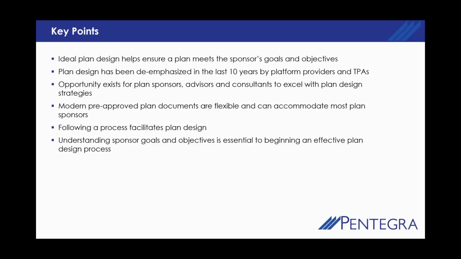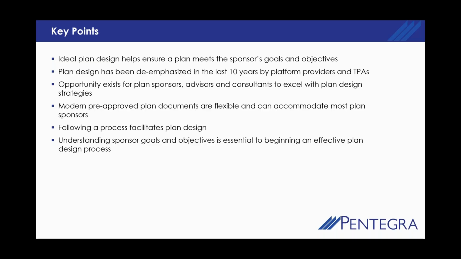And the way our pre-approved documents are today, we have the flexibility in those documents to accommodate most of what we want. And it's fairly easy to create a process to move through here: initial conversation with the owner, identify their objectives and their goals, bring those back within the rules.